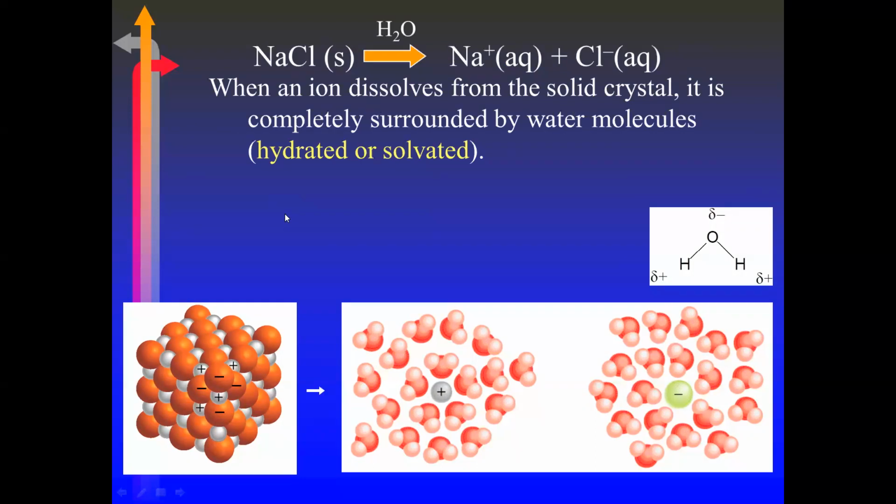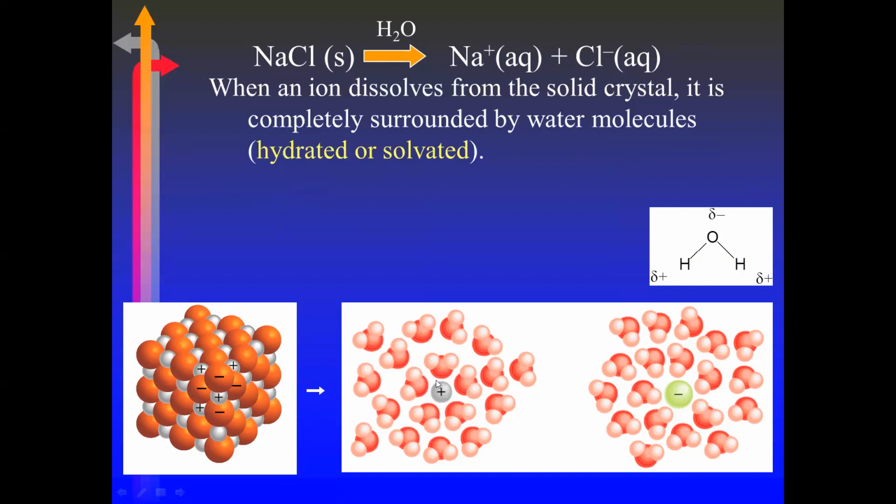This is called hydrated, or solvated. This is solid sodium chloride, for example, and when dissolved in water, you can see this positively charged sodium, and then the water will use its negative oxygen.